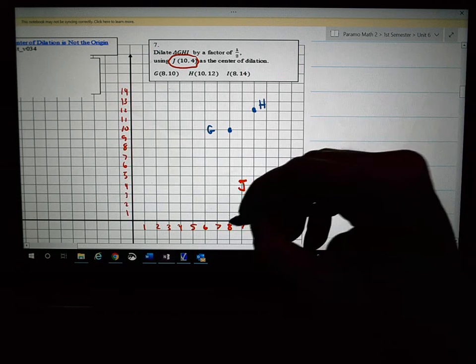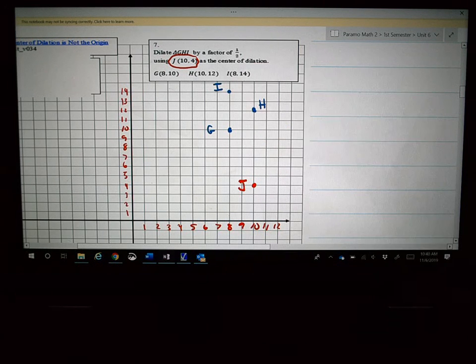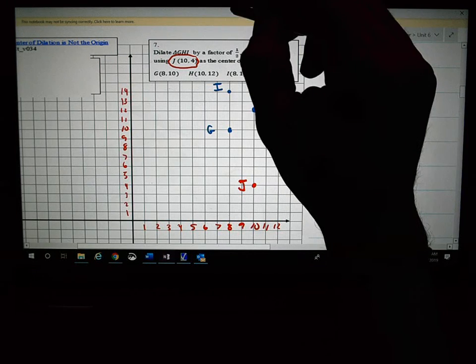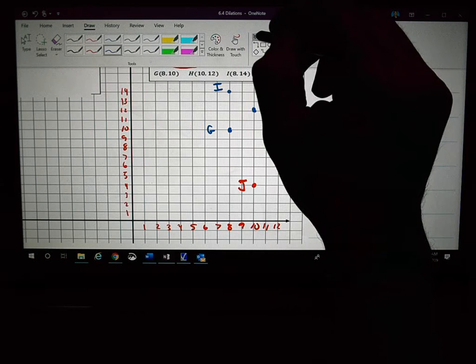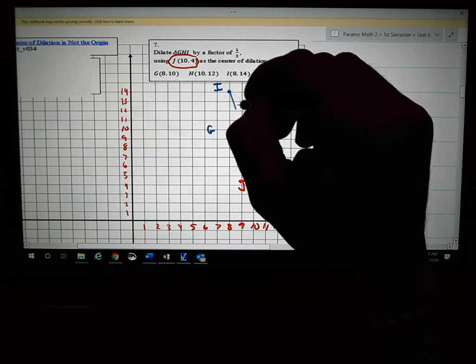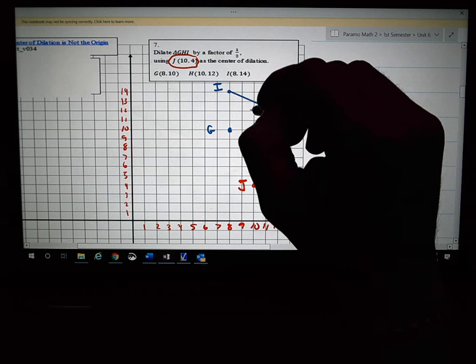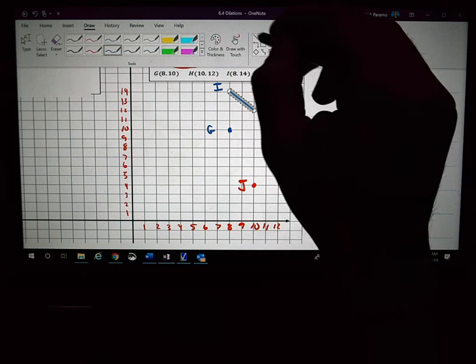I is 8, 14. If you are a particular person, use a ruler. I will use this ruler tool, which, there we go. I love it when it comes out nice and straight.